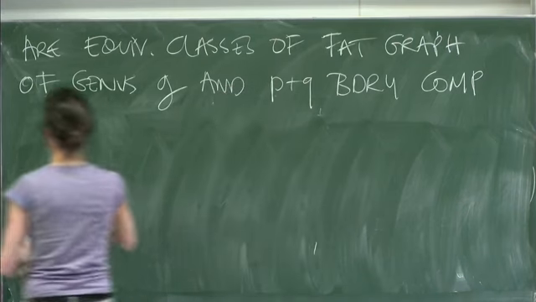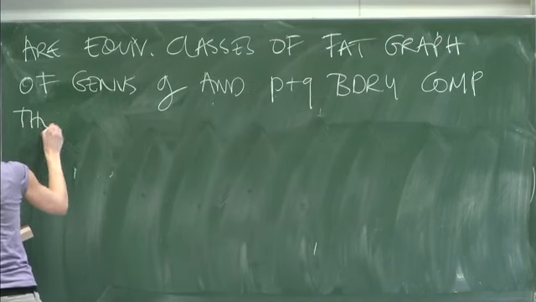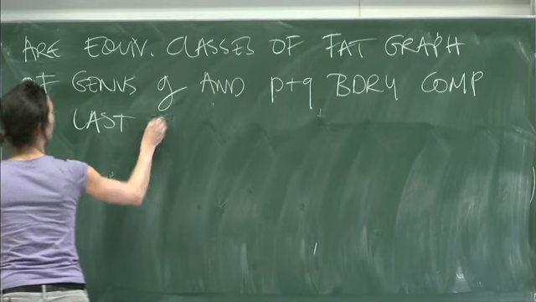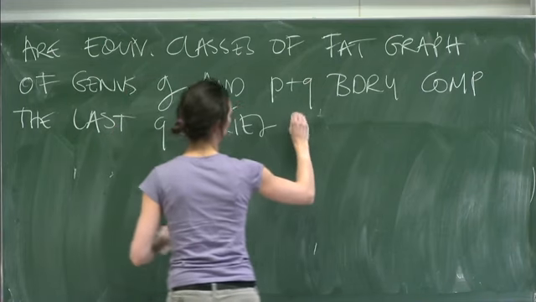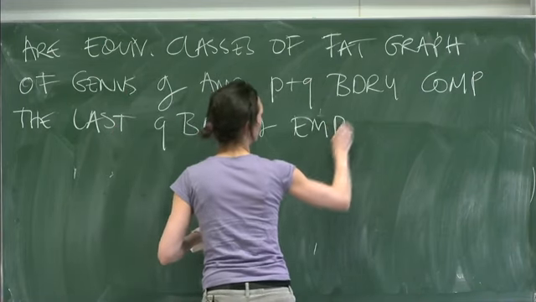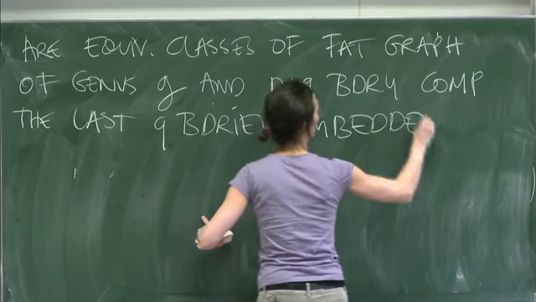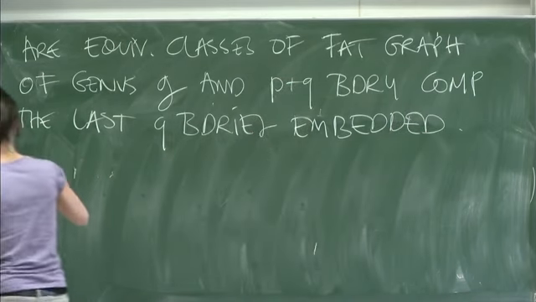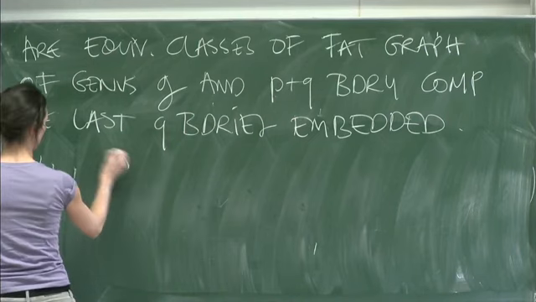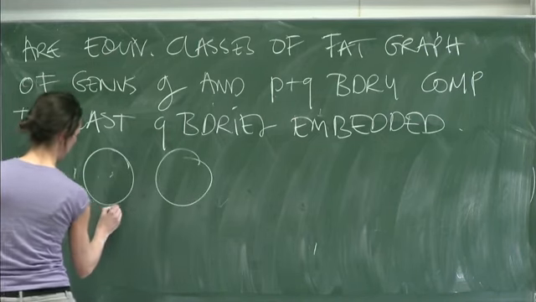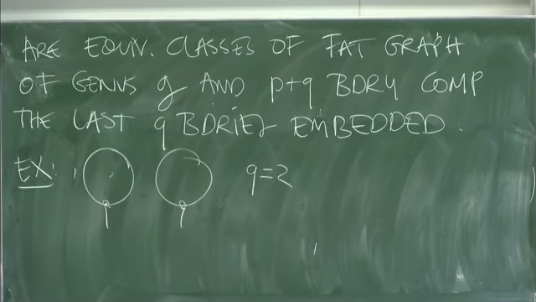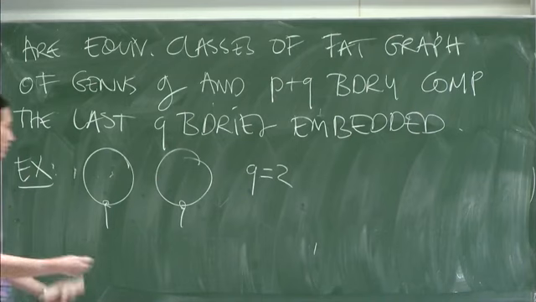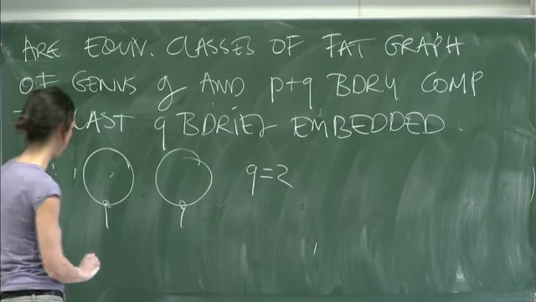The last q boundaries are embedded as actual circles in the graph. For example, q is equal to 2 here, so I have two such actual circles, and these are boundaries, so I'm not going to touch them.